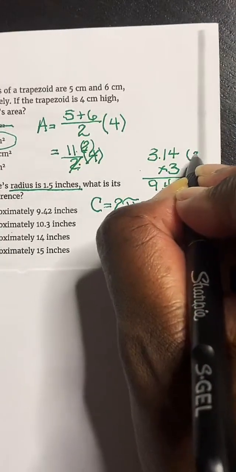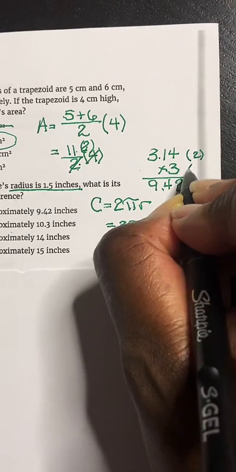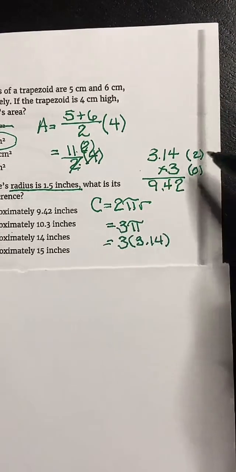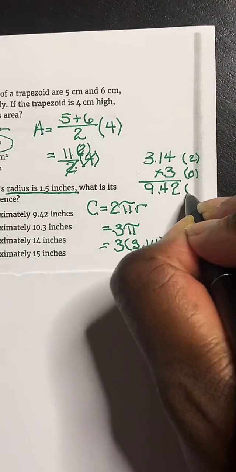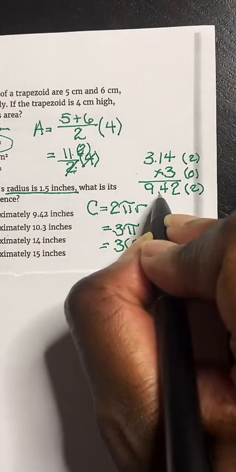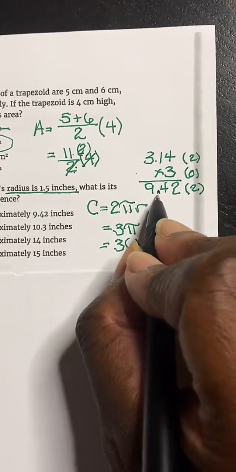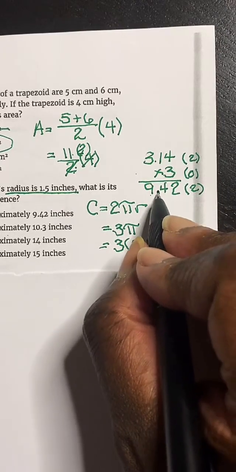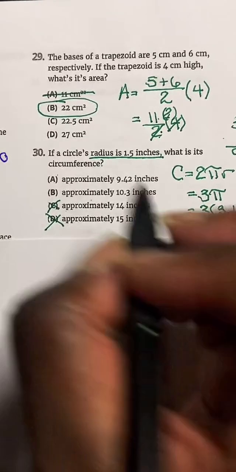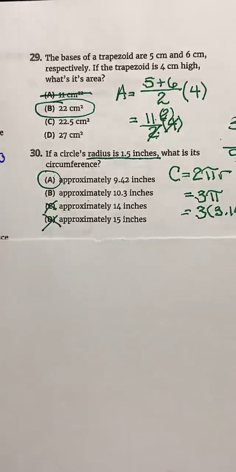Since it's 2 decimal places up here and there's no decimal place here, when you multiply with a decimal, you have to add how many decimal places you're going to have. So that's why I was able to put my decimal place between the 9 and the 4, because I moved it over 2 times. So my answer will be A.